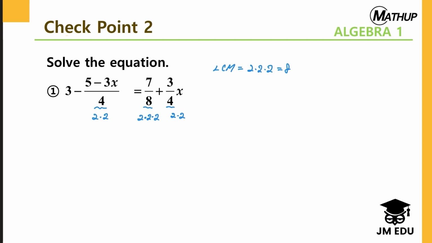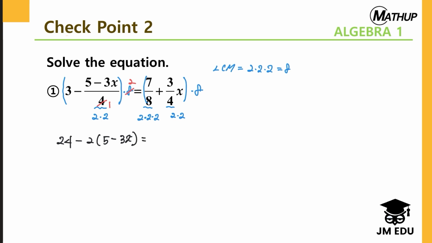So we're going to have to multiply all of this expression by 8, all of this expression by 8. So let's simplify this. 3 times 8, that's 24, minus 4 times 1 is 4. 4 times 2 is 8, right? So that's going to be 2 times 5 minus 3x.